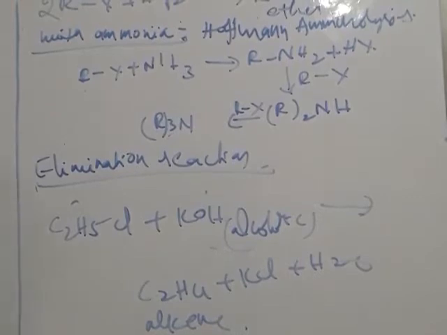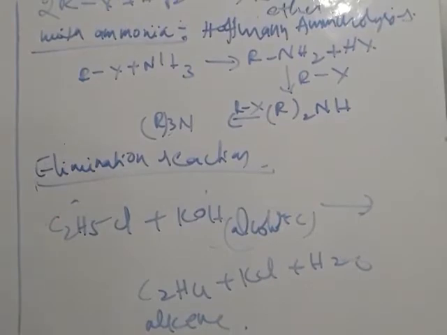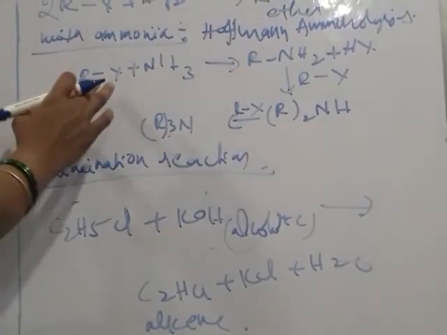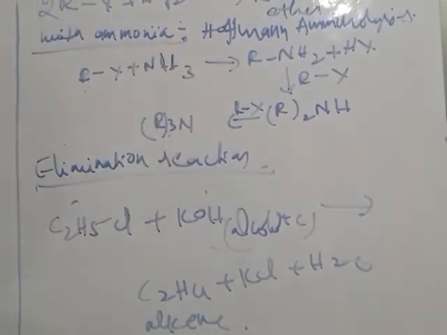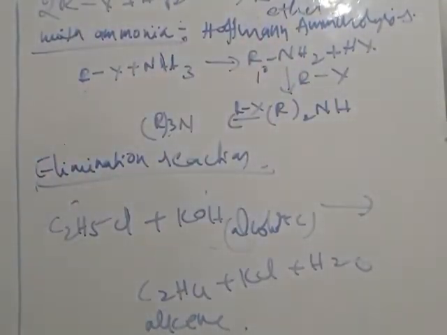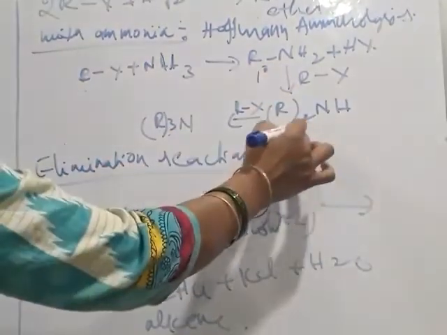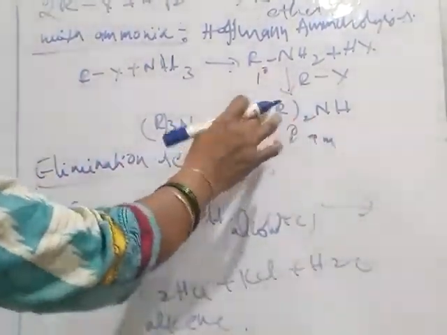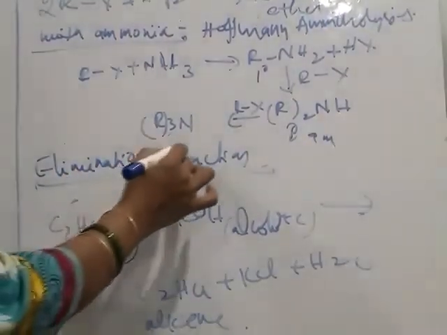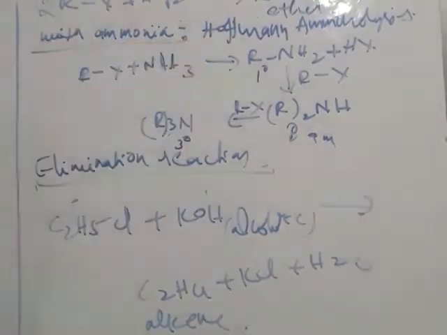For example, alkyl halide with ammonia gives primary amine, NH2. Primary amine again with 1 mole of alkyl halide forms secondary amine. Secondary amine again with 1 mole of alkyl halide forms tertiary amine. So this is called Hoffman ammonolysis reaction.